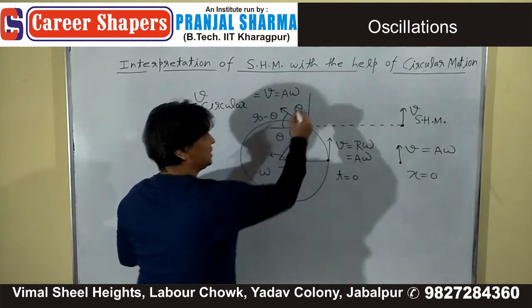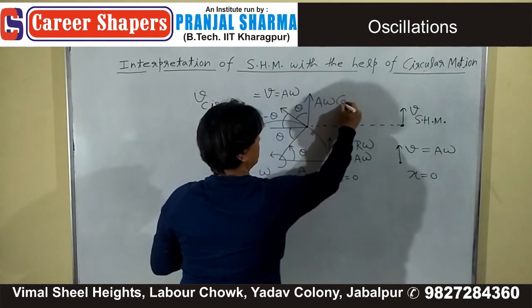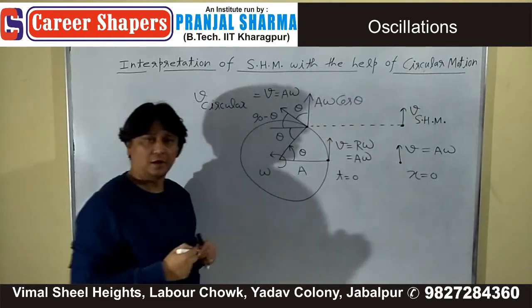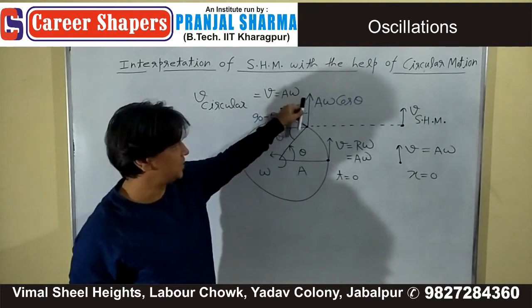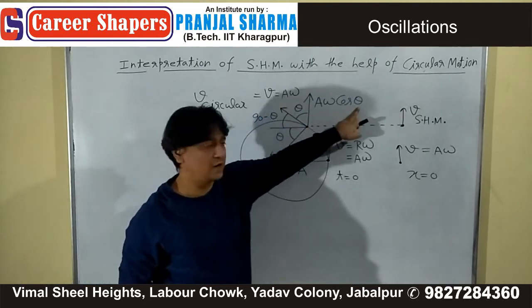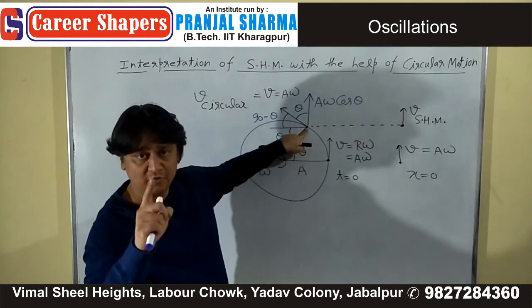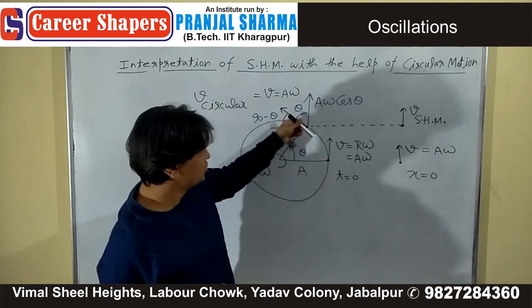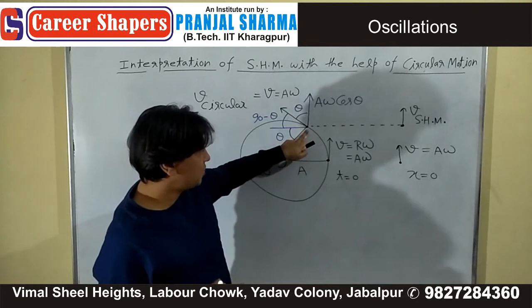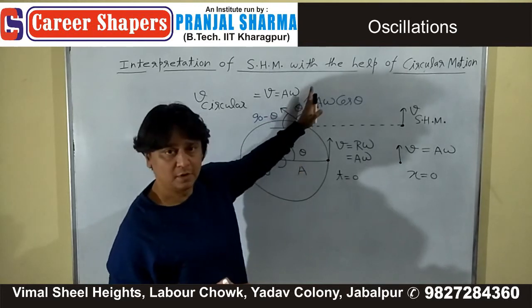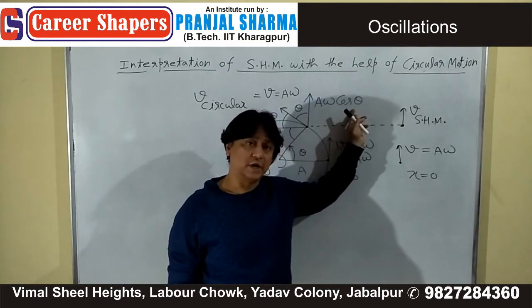You will say that this component is A omega cos theta. That means the tip of the rod is moving tangentially with A omega, but the tip of the rod is going up with A omega cos theta velocity.